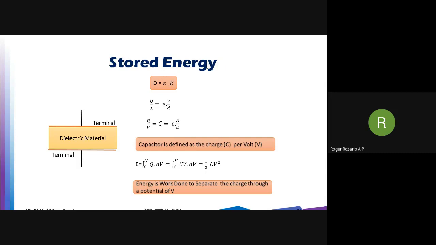N square mu A by L. Do you remember that equation? L equal to N square mu A by L. The value of the inductor depends on the area of cross section, the permeability, and the length of the magnetic path.